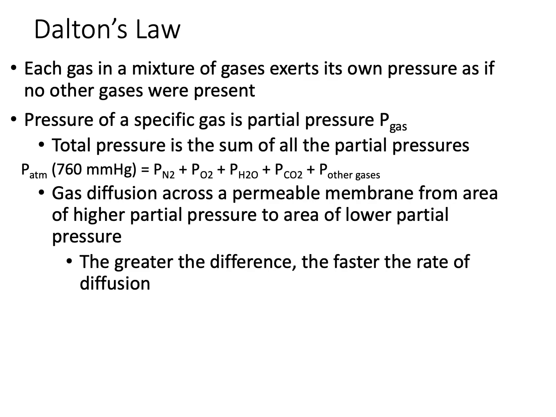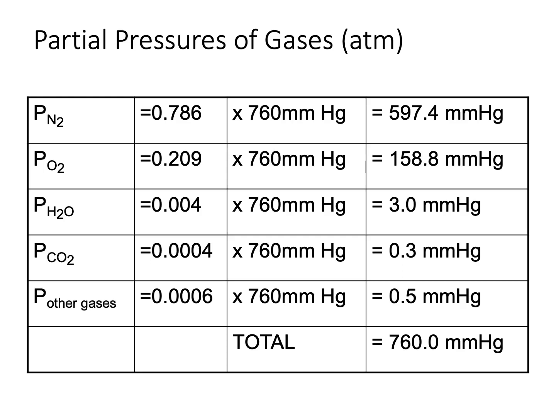This same partial pressure issue in terms of Dalton's law is going to dictate which directions gases move relative to all of the gases in the solution. And remember, it's all of the gases in the solution. It's nitrogen and oxygen and water and carbon dioxide and any other gas that we see. Any change in the percentage of a single gas will impact all other gases there.